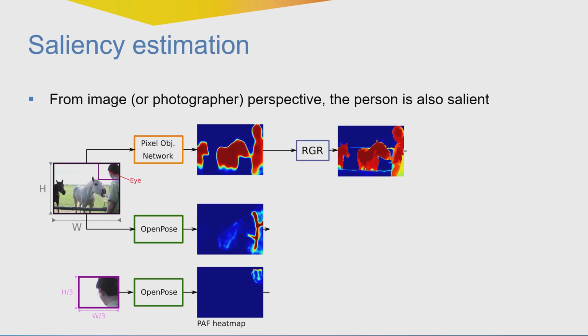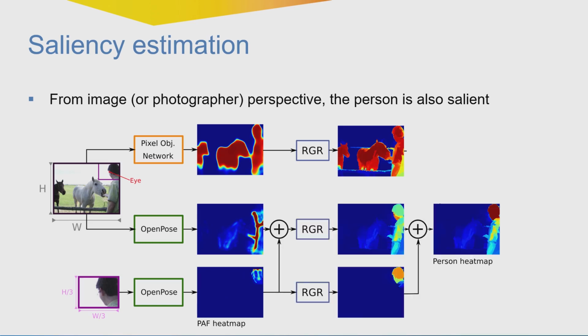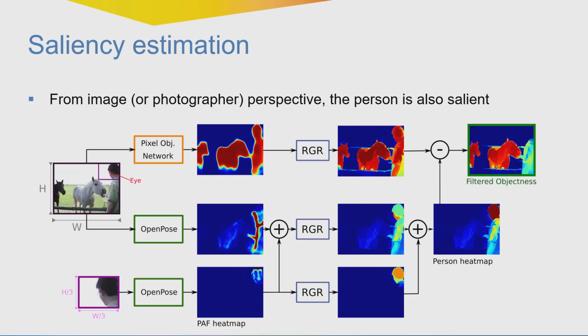So I plug in a refinement method to improve this output from the pixel objectness network, and most importantly, to grow the heat maps from OpenPose to recover an estimate of what is the person in the image, so that I can suppress it from this pixel objectness map. Then I can see what is salient apart from the person that I want to estimate the gaze from. So this is the latest thing that we've been working on.